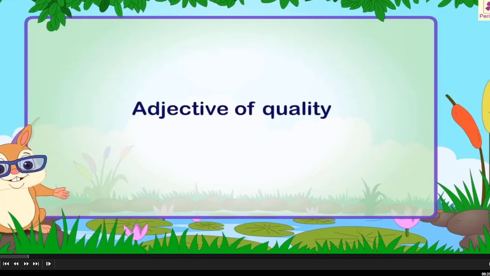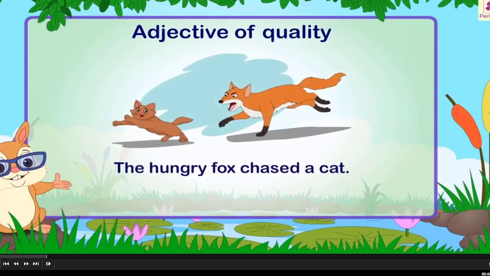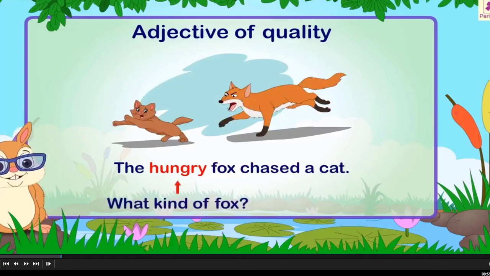Adjective of quality. An adjective of quality answers the question, what kind? Example, the hungry fox chased a cat. Hungry answers the question, what kind of fox?